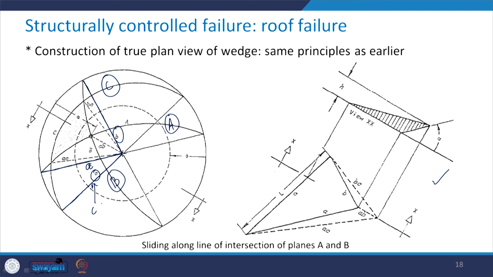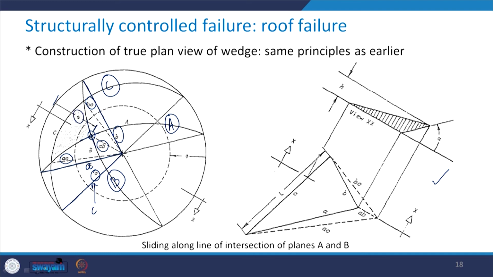Now, wherever they are intersecting, see here, this is the A great circle, this is the B great circle, and intersecting here, join this with the center and you get AB. Similarly, you will get AC and you will get BC, and you can find out the angle alpha in such a manner which is shown here.